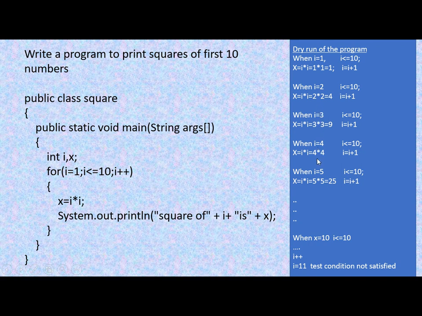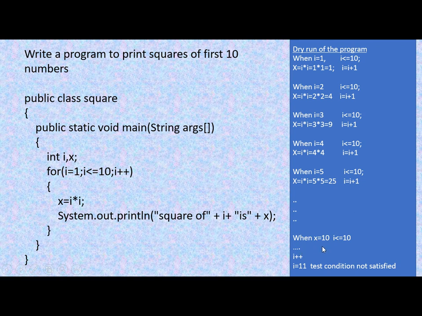Similarly, all these conditions will be checked. Here you can see it will be checked. Now when the value of I becomes 10, this will check whether I is less than or equal to 10. This is true because I's value is equal to 10. So this statement will be executed, means this part will be executed. So we will get 10 into 10, that is equal to 100.